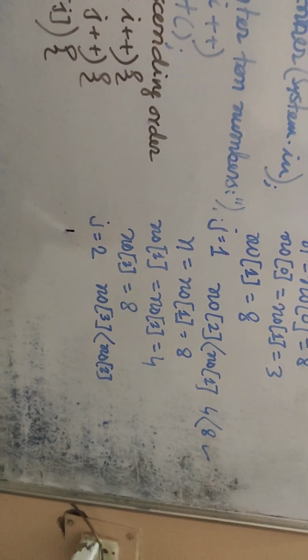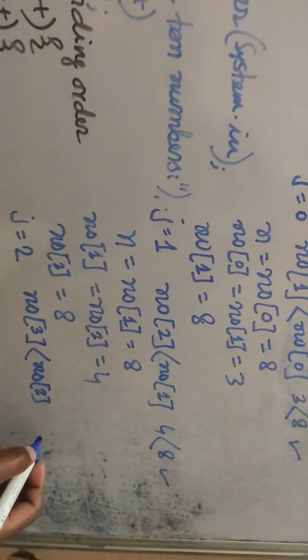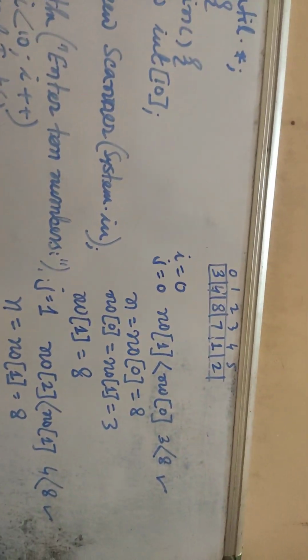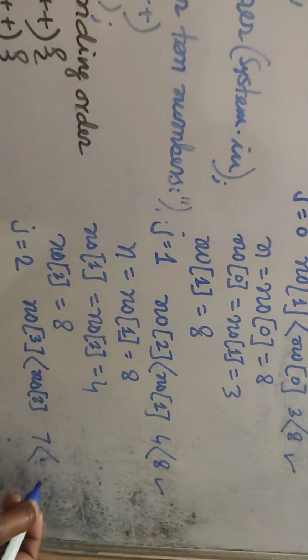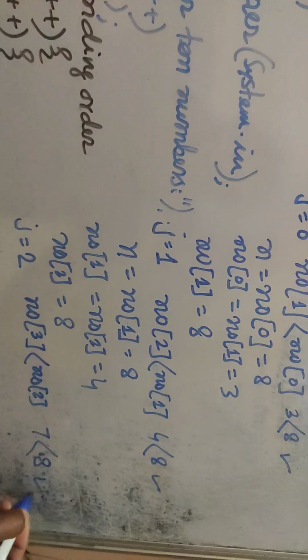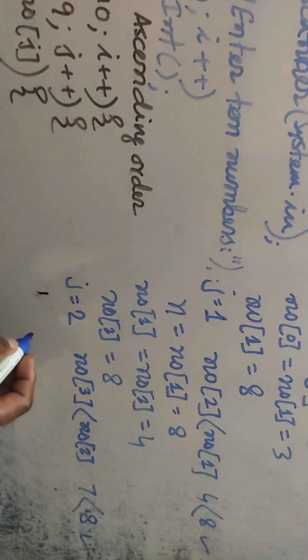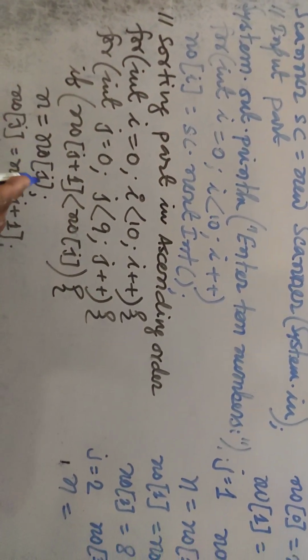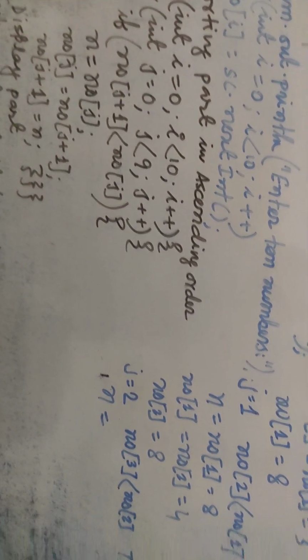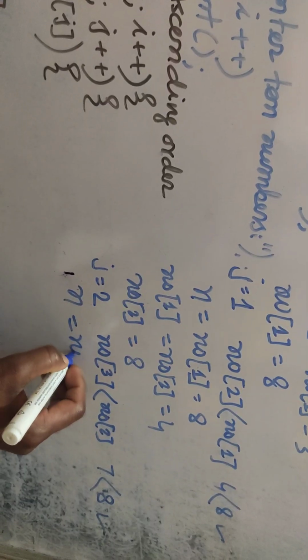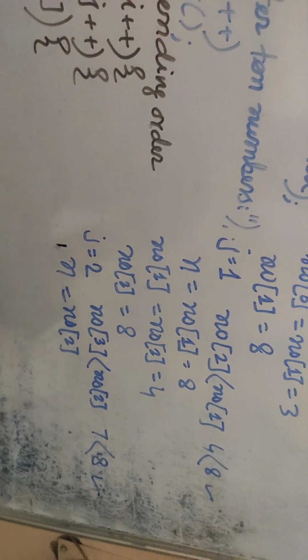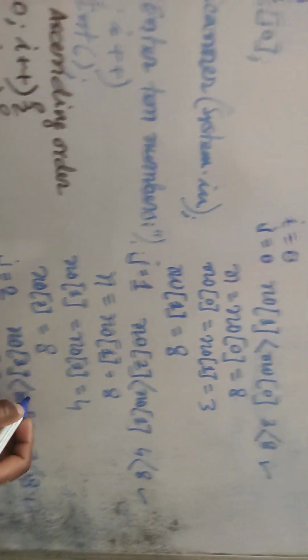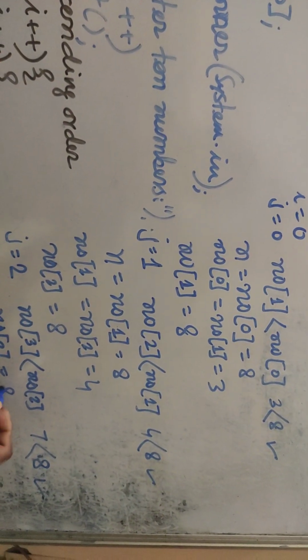In number of 3 which value is there? 7. 7 less than 8. Again it is true. Then n equal to number of j. Number of j means 2. Number of 2, which value is in 2? 8. We picked up 8.